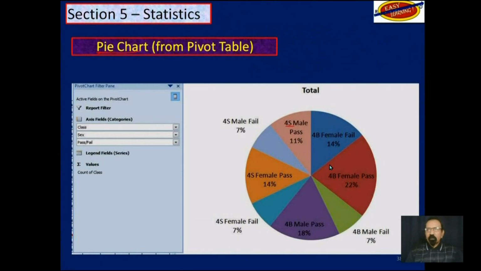Essentially, 4 Science male pass 11%, 4 Science male fail 7%, and the same thing goes for females, so 4 Science. And then we come to Form 4 Business, male pass, female pass, male fail, female fail. So it is showing the same information graphically, and it's easier to understand.